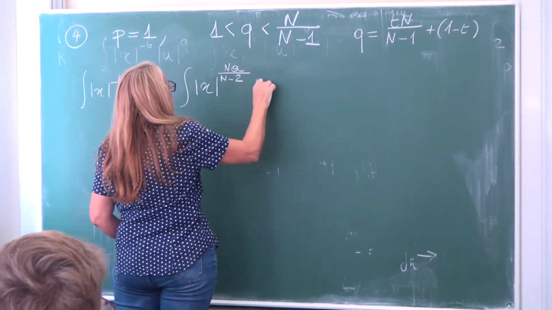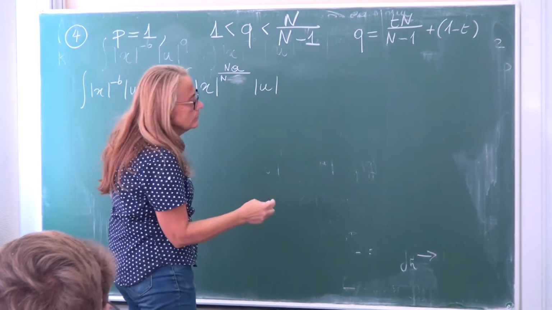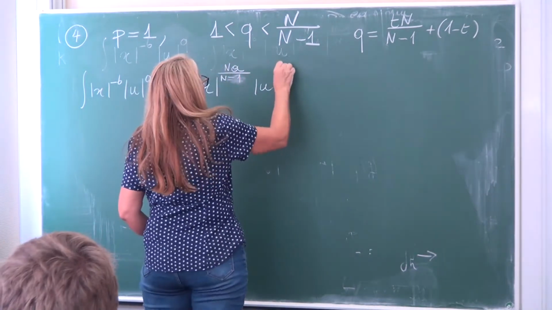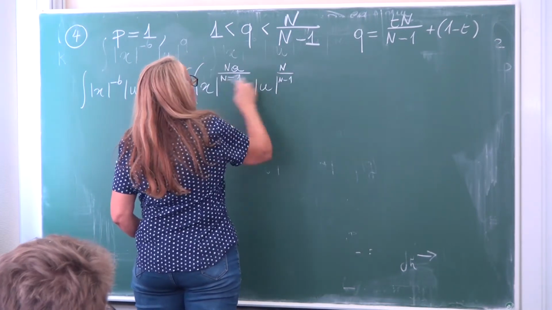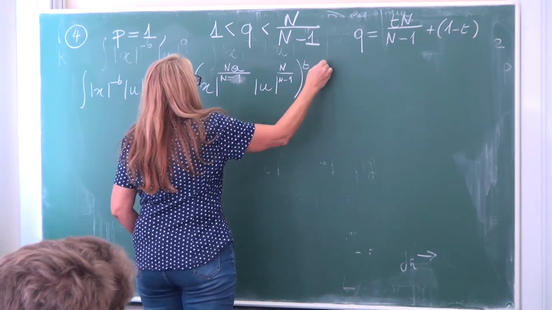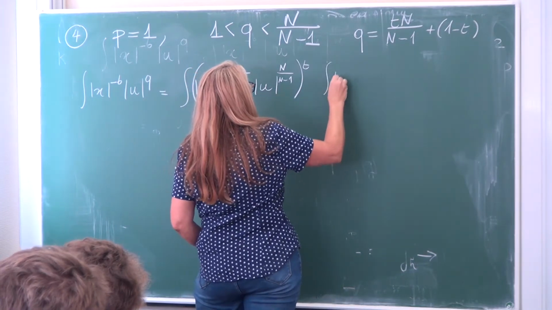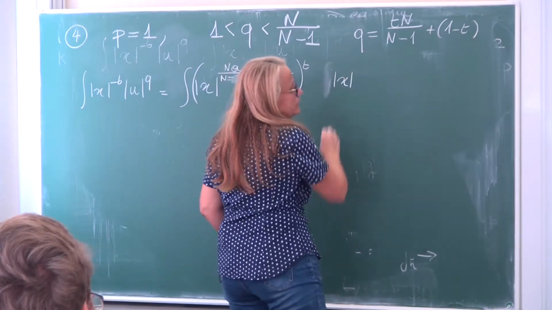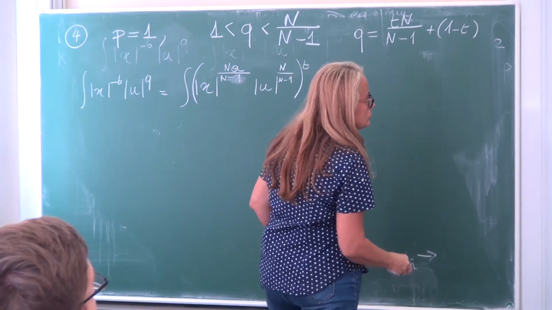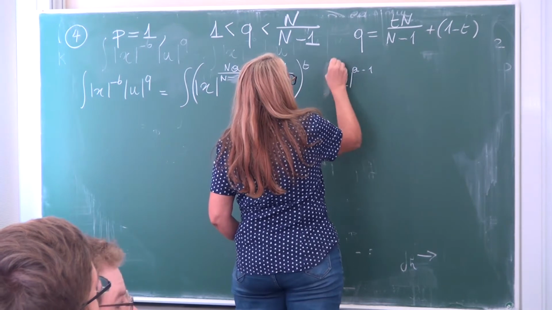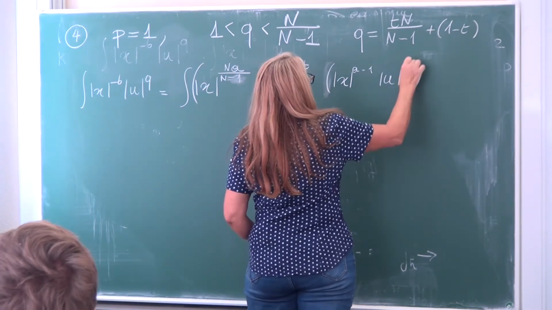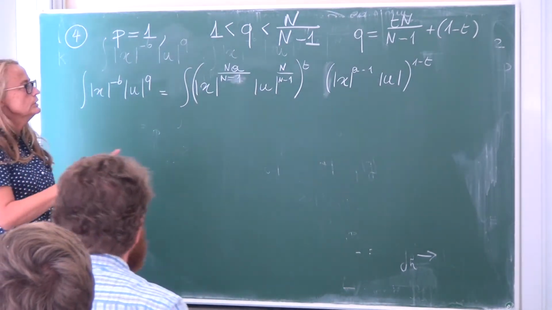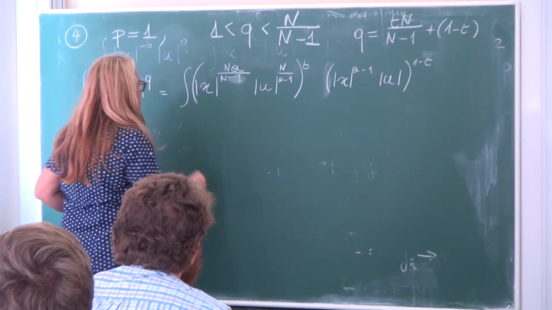You just interpolate n minus 1. Here you have n over n minus 1 perhaps to the power t. And then it remains perhaps some x to the power a minus 1 modulus of u to 1 minus t. You interpolate and you get all the q's between the Hardy and Sobolev cases.